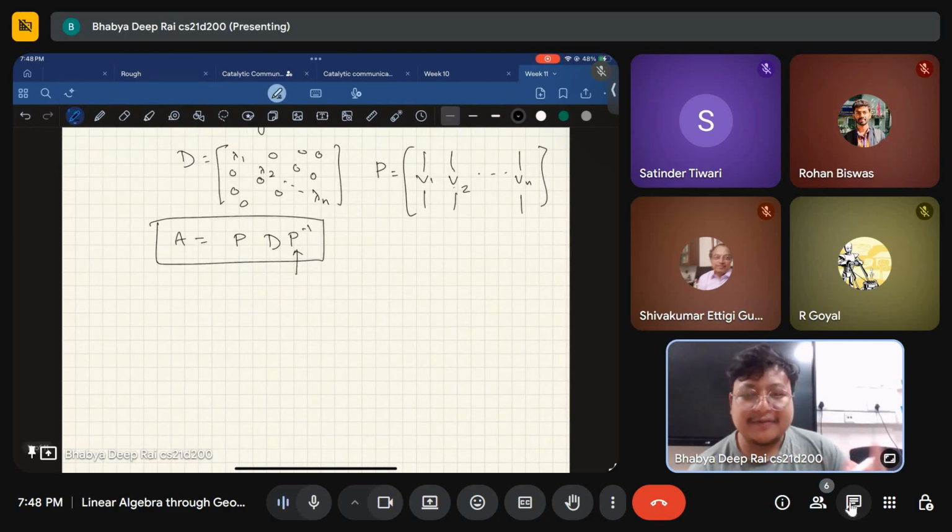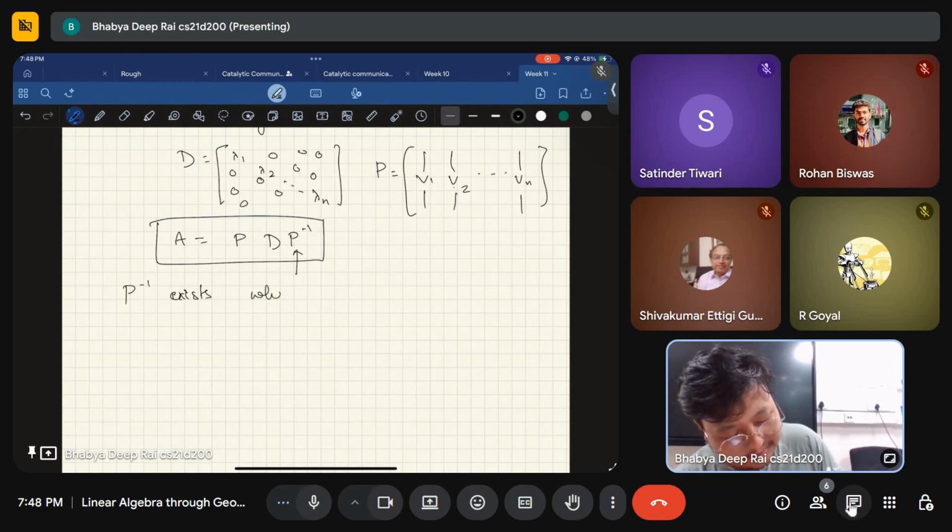Because when does the inverse exist? P inverse exists when the determinant of P is not equal to 0.